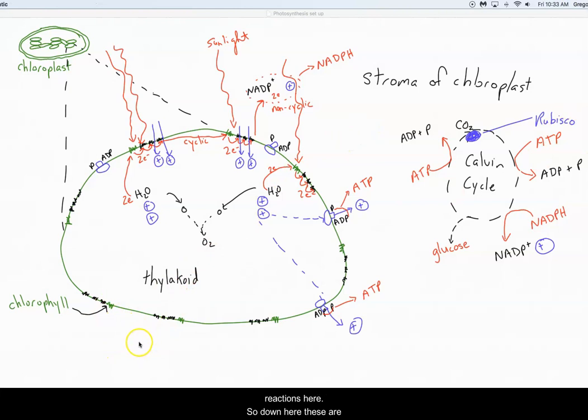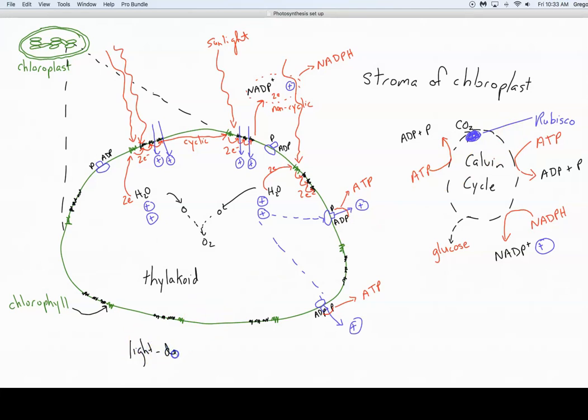So down here, these are light dependent reactions, because they cannot occur without the input of solar energy. This stuff over here, the Calvin cycle, those are light independent reactions. They do not require solar energy to directly power them.